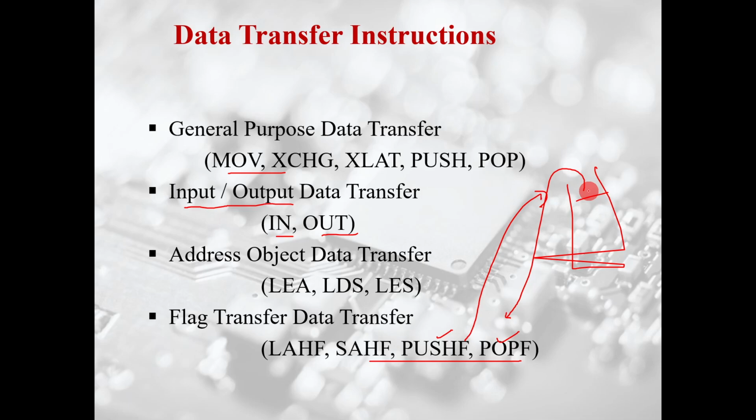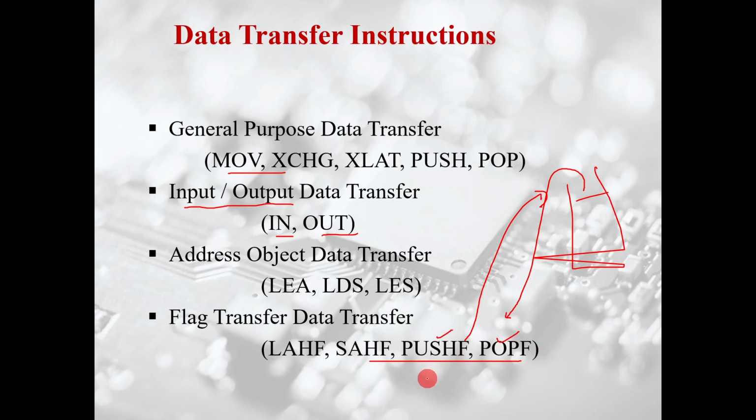And how does PUSHF work? In the last class we discussed, right? When I write the push instruction, first of all, data will be put and the stack pointer will decrease, and similarly, when I write the pop instruction, the data will be brought out from there and the stack pointer increases, right?